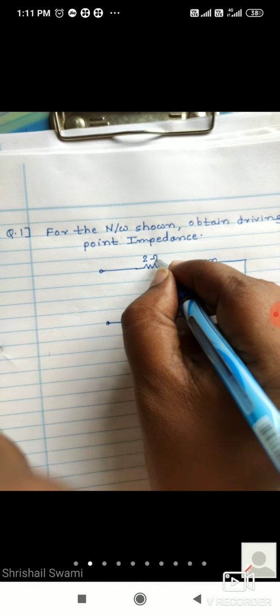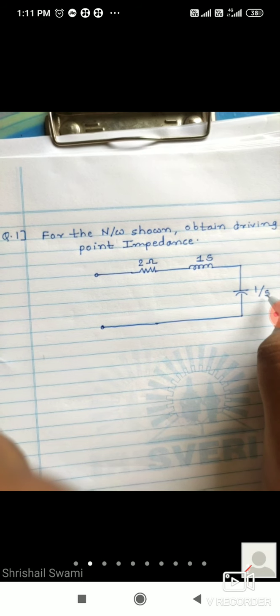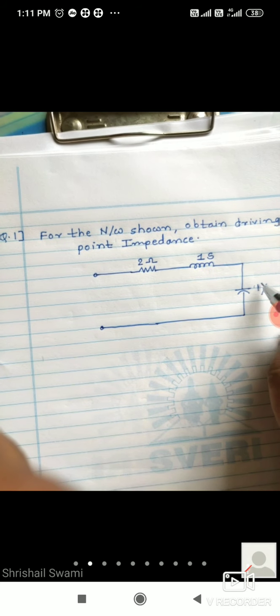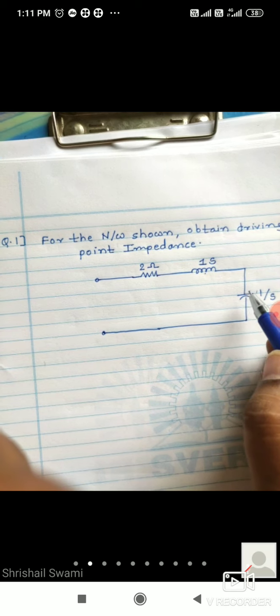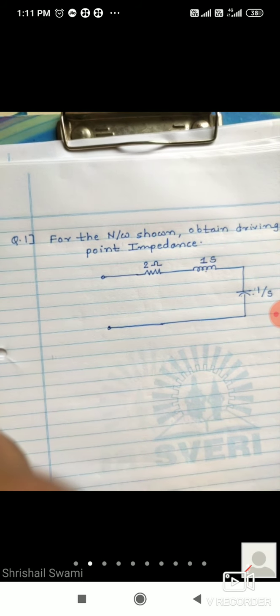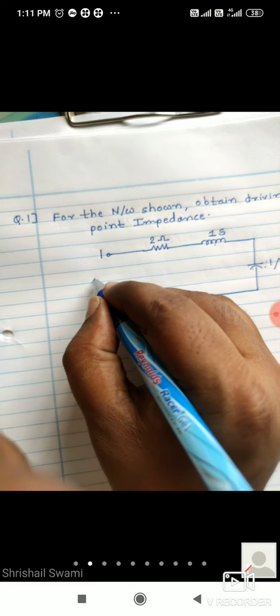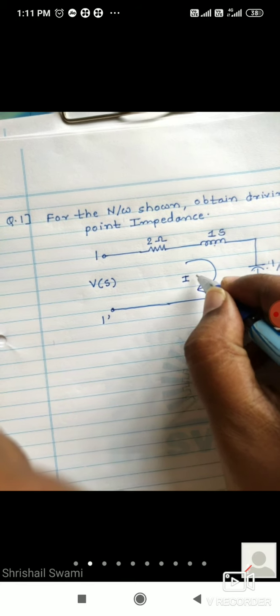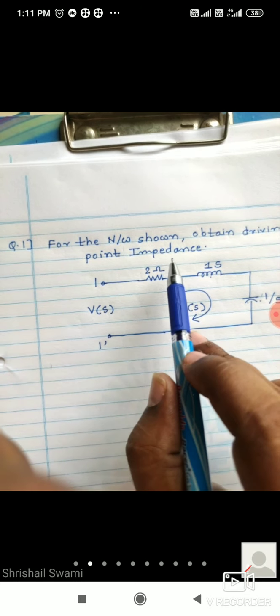So this is 2 ohm, this is 1 S, and this is 1 upon S. So capital C for capacitor always it is 1 upon S. Value can change. Okay, and here it will change. For inductor it is S, and for capacitor it is 1 upon S. So here coefficient is 1. So you have to find out here voltage V of S is connected and current is shown, that is I of S.